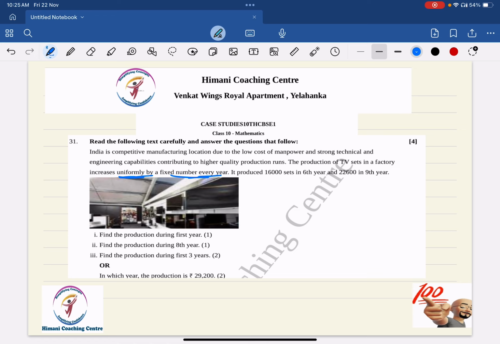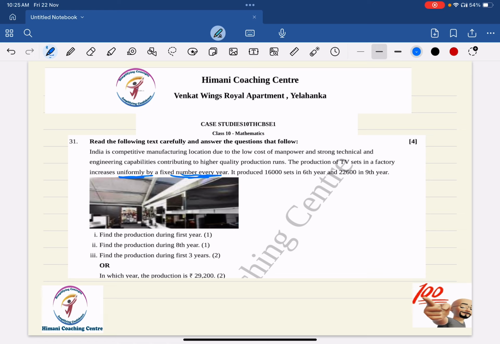Okay. So again, first understand what kind of question this is. This is an AP. Why is this an AP? Because the question tells us there is a fixed increase every year.